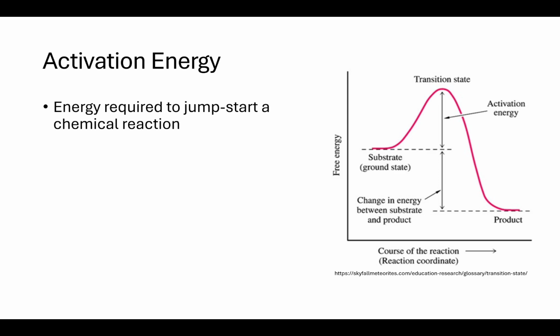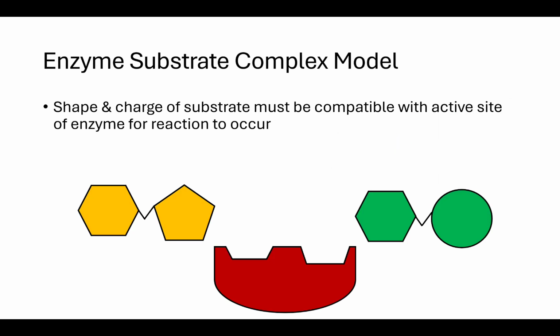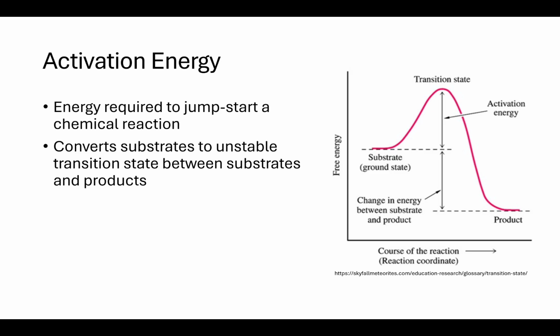Activation energy is basically just the energy you need to start a reaction. So you have to input an energy into any chemical reaction for it to take place. Enzymes lower that activation energy. So I'm going to add that and I'm going to leave a space in your notes for it. So enzymes lower the activation energy.